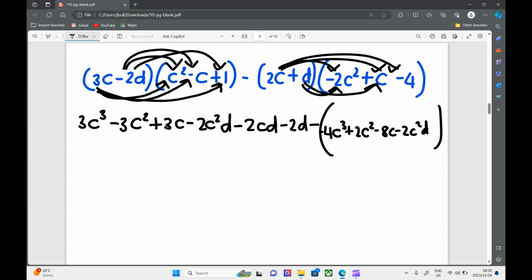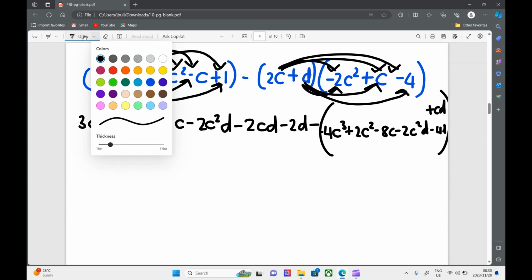Let's just get some space. I'm just going to write it up here just so we have it, cd. And then last of all, minus 4 times d is minus 4d.